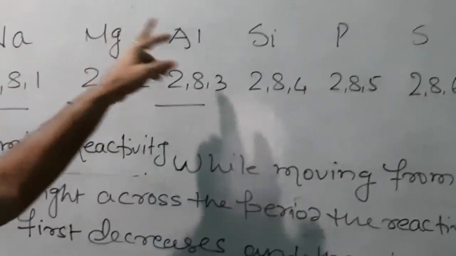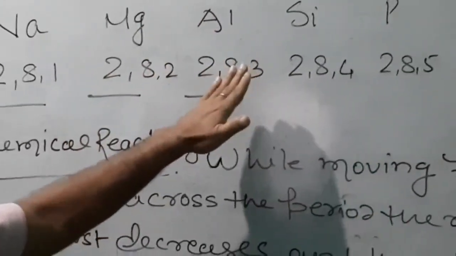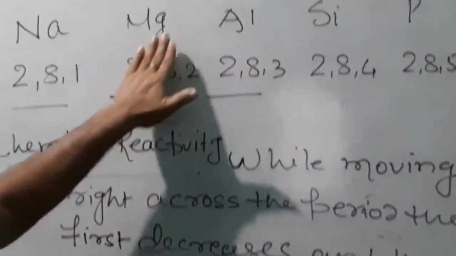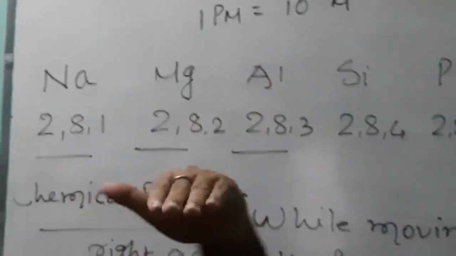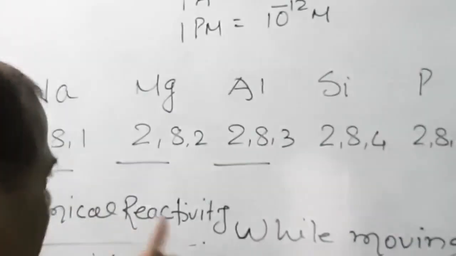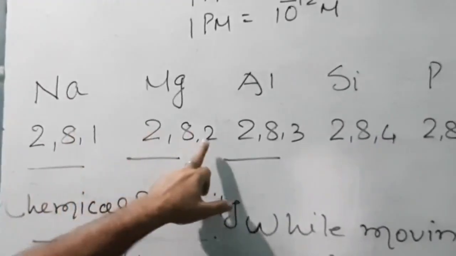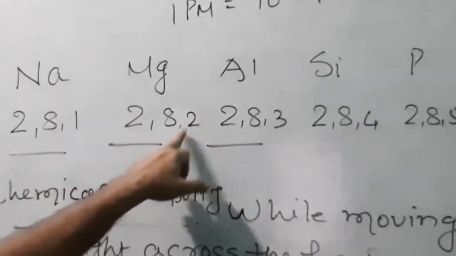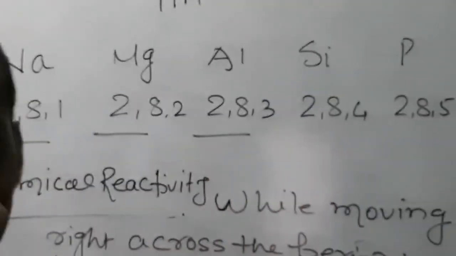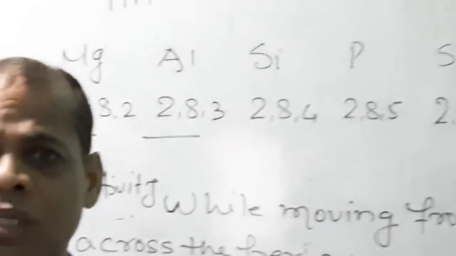If you talk about sodium and aluminum, aluminum is yet smaller in size, even smaller than magnesium. So aluminum has little tough to lose electron. And another factor is here: sodium has to lose 1 electron, but magnesium has to lose 2 electrons, aluminum has to lose 3 electrons.